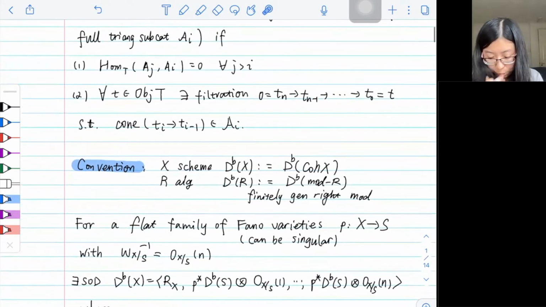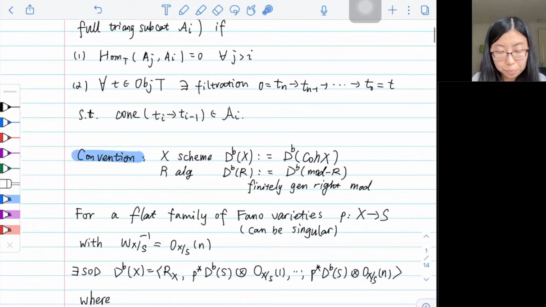Now we can define what a residual category is. This is something that you can do for a family of Fano varieties. When I say Fano varieties, I only require that the anti-canonical divisor is ample, so it could be singular.